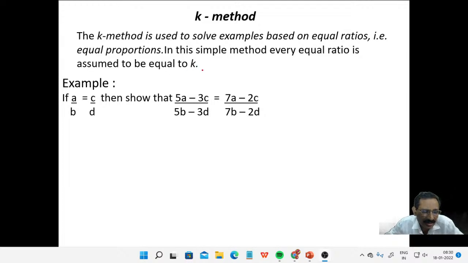To understand this concept, let us take one example which is shown to us. Let us see, if A upon B is equal to C upon D, then show that 5A minus 3C upon 5B minus 3D is equal to 7A minus 2C upon 7B minus 2D.